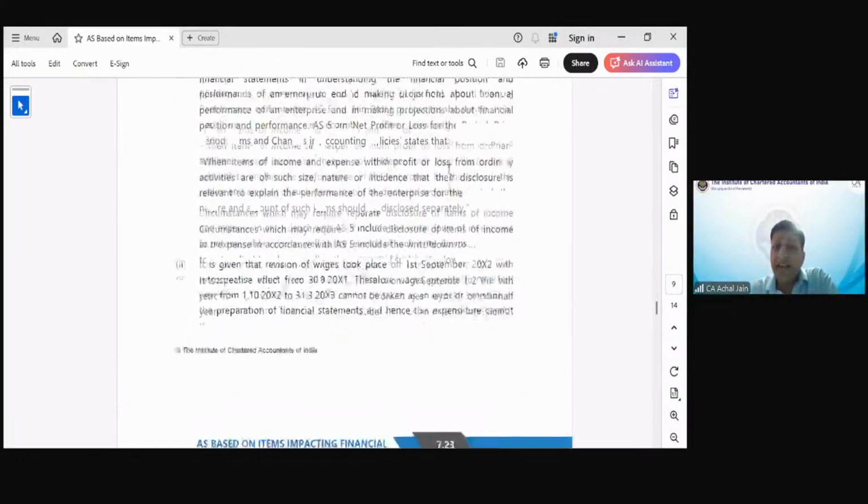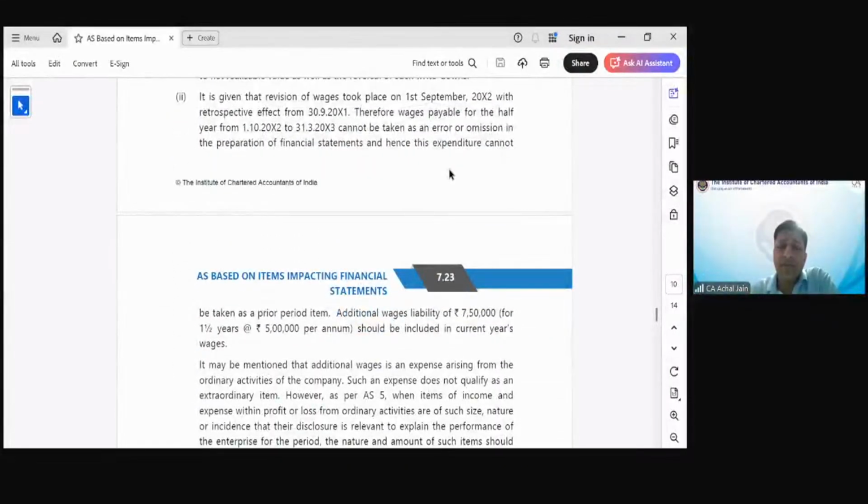See, it is given that revision of wages took place on 1st September X2, but with retrospective effect, meaning from a back date, this calculation is required to be done. Therefore, wages payable for the half year from 1st October X2 to 31st March X3 cannot be taken as an error or omission in the preparation of the financial statements.